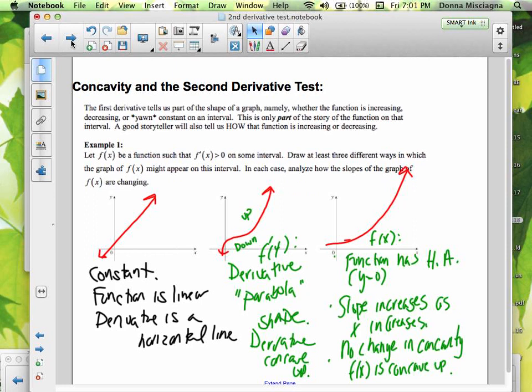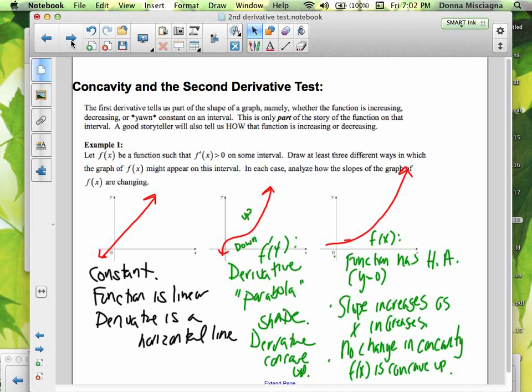So example 1, let f of x be a function such that the first derivative is greater than 0 on some interval. All of these have a first derivative greater than 0. They are increasing functions. Draw at least 3 different ways in which the graph of f of x might appear on this interval. In each case, analyze how the slopes of the graph are changing.